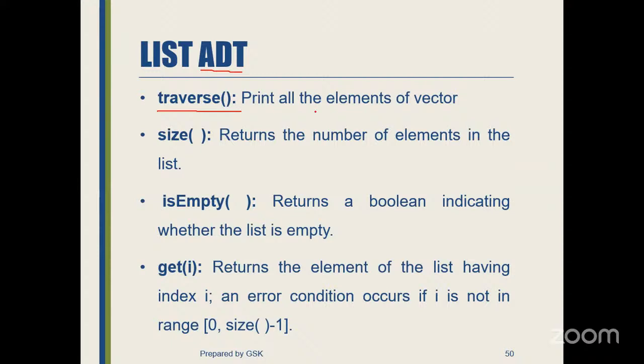Traverse means visiting all the elements of the vector. Printing or visiting all the elements in the vector or a list is called the traverse operation. In generalized words, visiting all the elements of any data structure is called the traverse operation. Size.